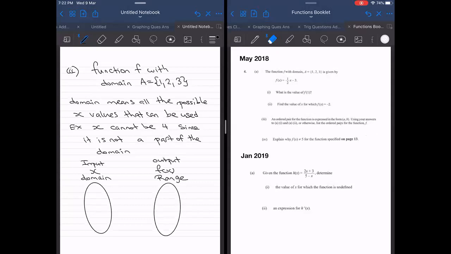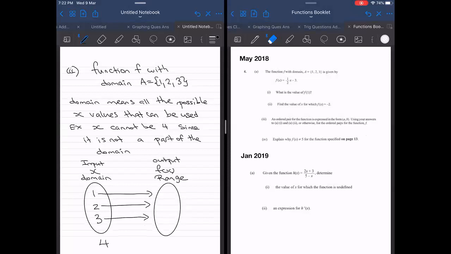So what they're saying is that you can only put 1, 2, and 3, and then you'll get some output values. 4 would be somewhere on the outside, so it does not match to anything. So 4 would not have any value.